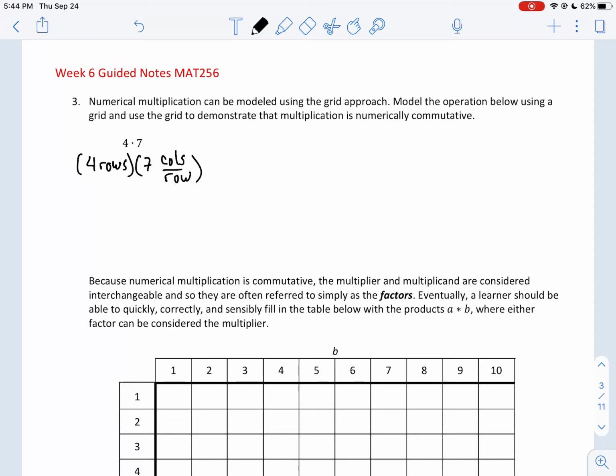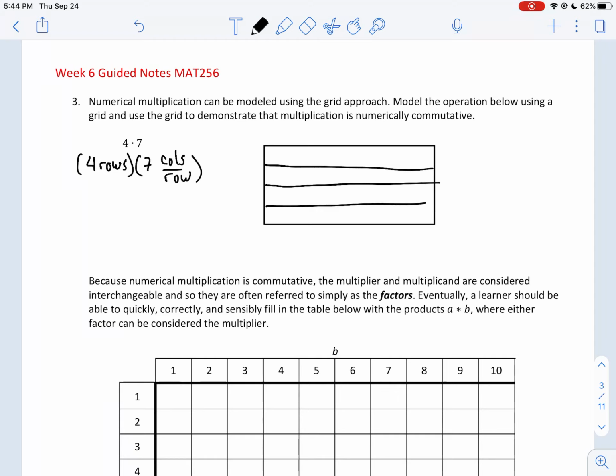So by the grid approach, I'm just going to make a box first. Okay, and imagine we have 4 rows, and each row has 7 columns. So I've got to make 7 columns in here. I'll do my best to make these look all the same, but it's okay if they're not exactly identical. But we have 4 rows and 7 columns.